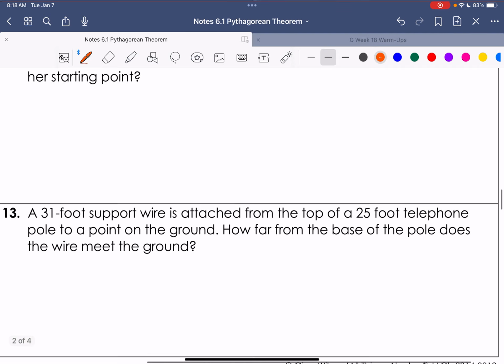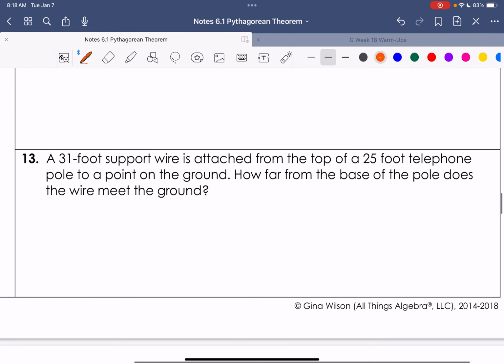Okay, and then last one, let's do number 13. A 31-foot support wire is attached from the top of a 25-foot telephone pole to a point on the ground. How far from the base of the pole does the wire meet the ground? Okay, so here's the ground. So I'm just going to do like a horizontal line. And there's a telephone pole coming out from the ground.